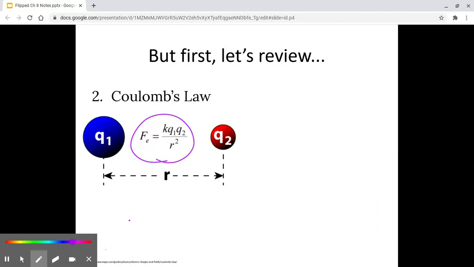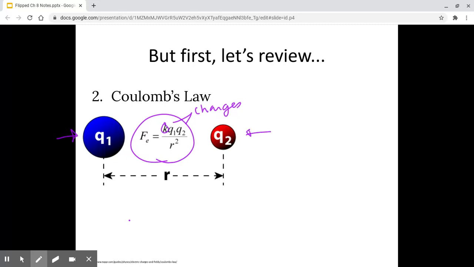Let's dissect Coulomb's law just a little bit here. It's the variables up top. This first one is a K. The K is just a constant, so you can kind of ignore the K. The K is just that number that makes the equation work. Q1 and Q2 are going to be charges. You can see from this picture, we have a Q1, which is the charge of our first object, and a Q2, which is the charge of our second object.